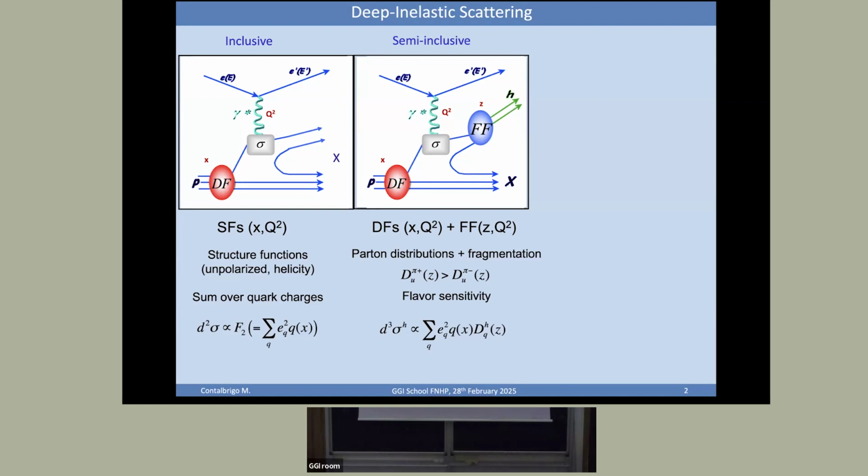You can do something more if you assume that the parton that undergoes the scattering fragments in a final hadron that you can detect, and you try to correlate the type of the hadron to the type of the quark, because what you can imagine, that is pretty natural, is that it is more probable that, the moment you start from a quark, you fragment into a hadron that has this quark as a valence.